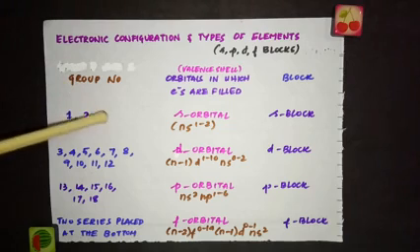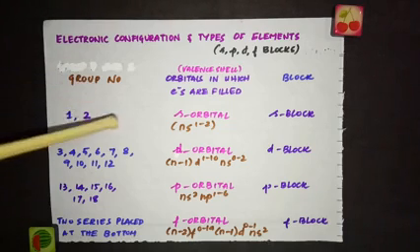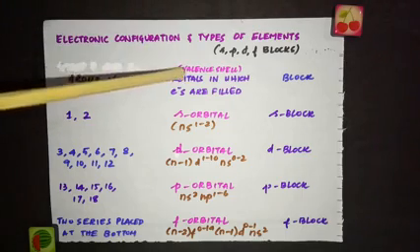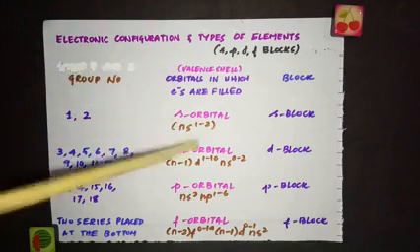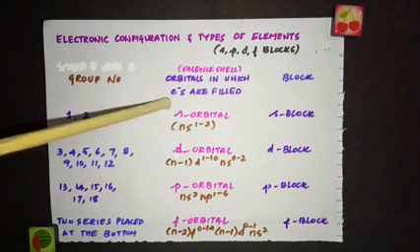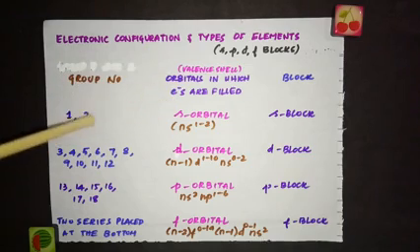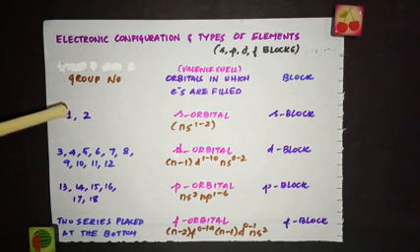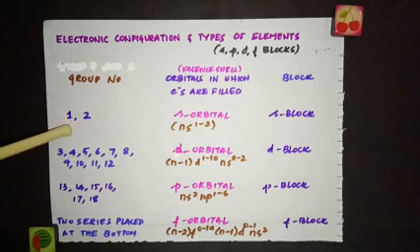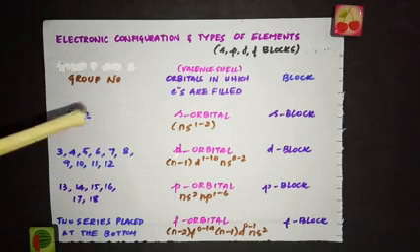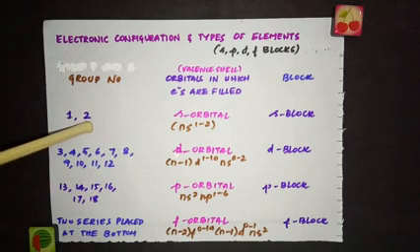For group number 1 and 2, the valence shell configuration, which means the orbital in which the electrons are filled, we have seen just now the example of group 1 elements, with the general electronic configuration ns1. Same way in the second group, we will have ns2.